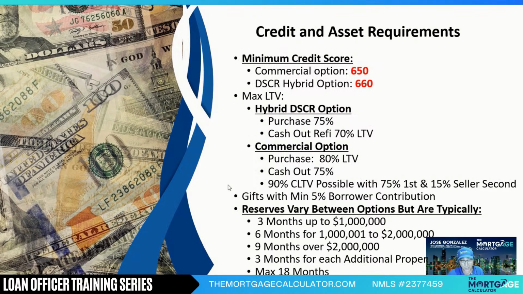So 6 months PITI for $1 to $2 million loan, 9 months PITI reserve for loans over 2 million, and 3 months for each additional property. And this is max 18 months in total reserves you could ever be asked. So those are the reserves that we're talking about that cannot be met with a gift.